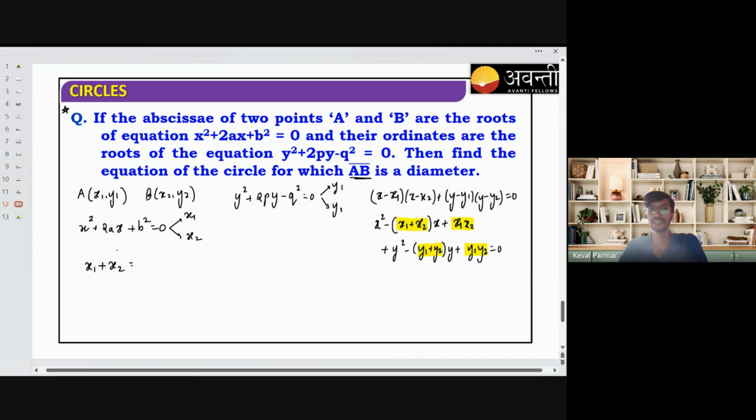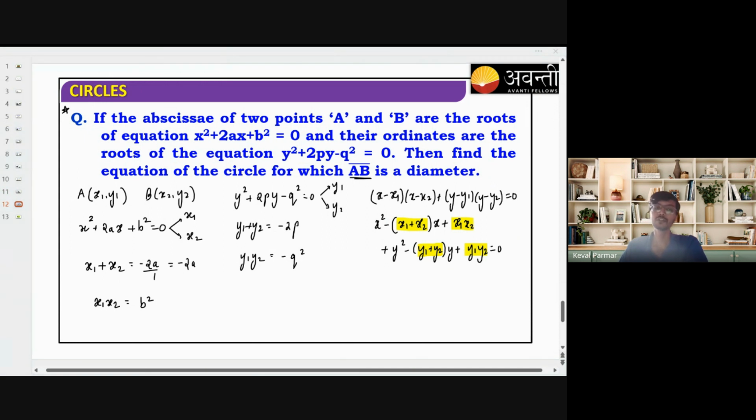It's minus 2a by 1, which is minus 2a. What is the product of the roots? x1 into x2 is b square. Similarly, y1 plus y2 is equal to minus 2p, and the product y1 y2 is equal to minus q square.